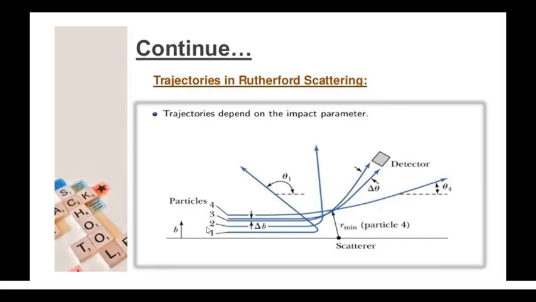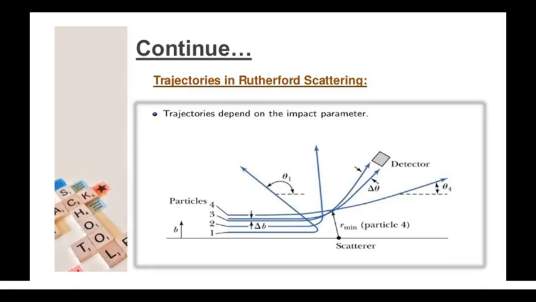Whenever you go from 1 to 4, b is increasing. Similarly, here you can see what about theta also. As b is increasing, theta is decreasing. So b is the impact parameter and theta is the scattering angle, and we will find an equation connecting theta and b, which will show that smaller values of b will scatter through larger angles.